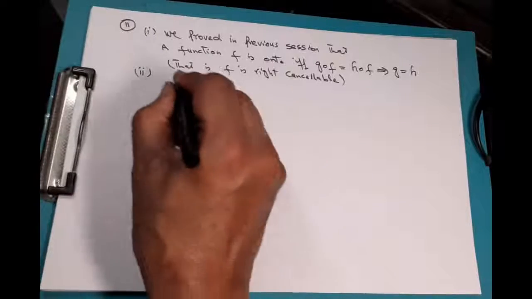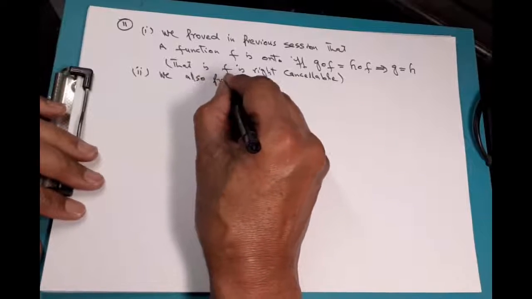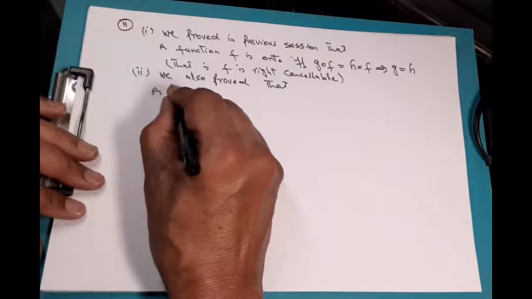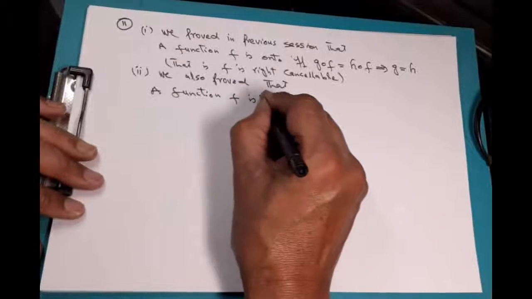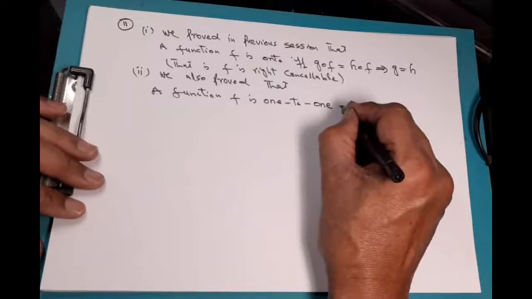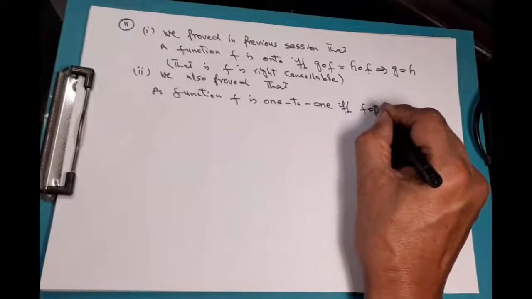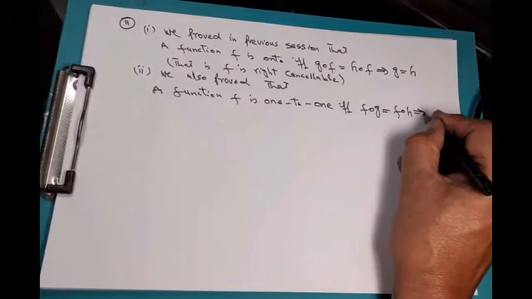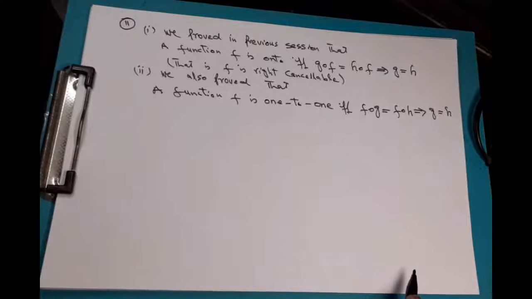And we also proved that a function f is one-to-one if and only if F composed with G is equal to F composed with H implies that G is equal to H. That is, F is left cancelable.